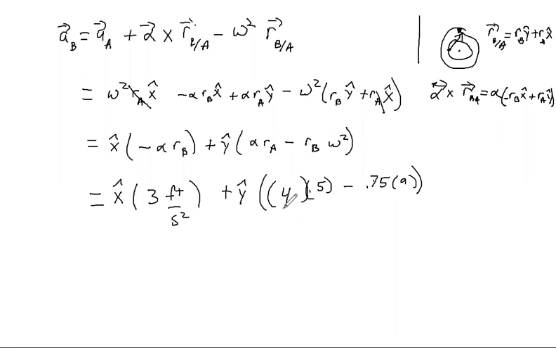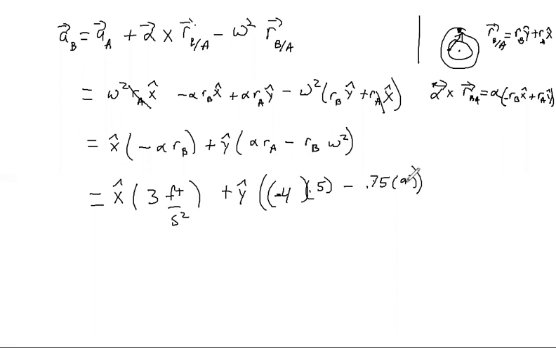Oh dear, I made a mistake because alpha was negative 4. So minus 4 times 0.5 minus 0.75 times 9.